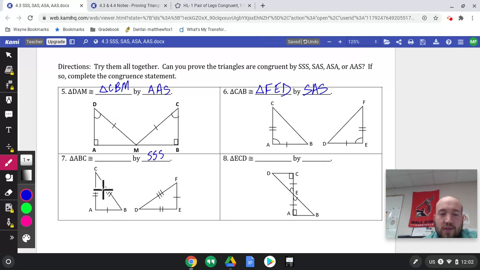So ABC, that's 1, then 3. So it'll be over 1, then over 3. So it has to be EFD. And then here, this final one, we've got an angle, a side, and an angle. And it was ECD. So ECD down here will have to be EAB.